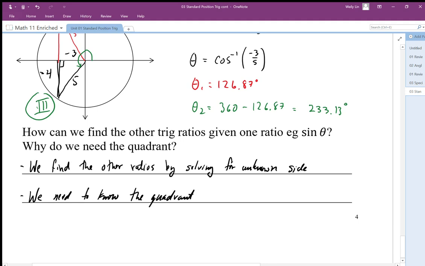We need to know the quadrant because there are two possibilities. There's always two possibilities, and we want to choose one if possible.